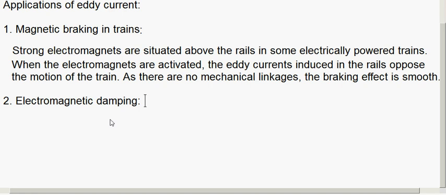So this principle can be used in some galvanometers. Certain galvanometers will have a fixed core made up of non-magnetic metallic material, and when the coil oscillates, the eddy currents generated in the core oppose the motion and bring the coil to rest quickly.